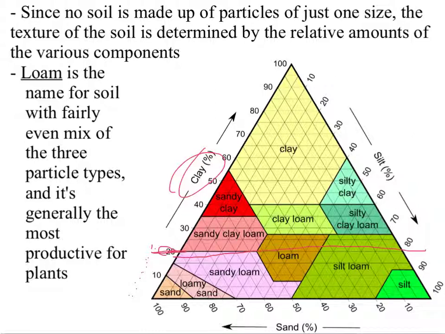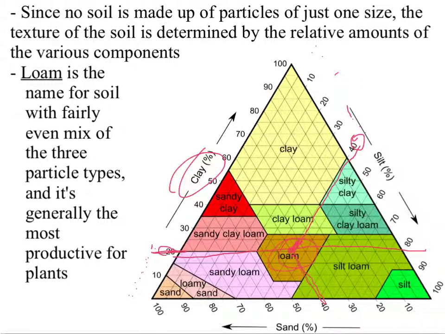So we start up here and go up to 40% silt, which gets us right here. So we follow this line down where it intersects right here. So it looks like we're in loam. And if we were to follow that down, because it all has to add up to 100, we have also 40% sand. So when you have something that's 40% silt, 40% sand, and 20% clay, then you've got loam.